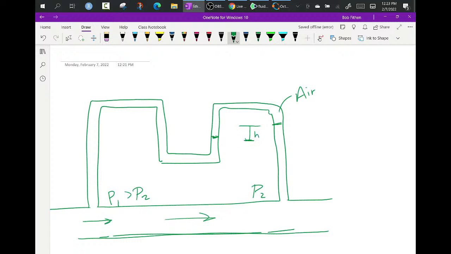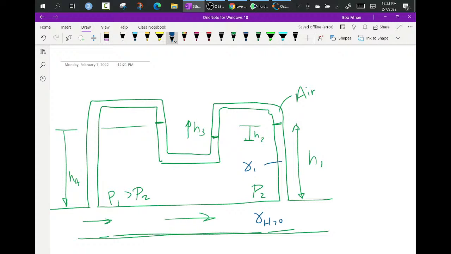So basically, I'm going to use it symbolically, if you're okay with that. H1, H2, H3, and then go across to here, call that H4. I'll call this gamma, say water flowing through here. So this would be gamma 1, which is water.